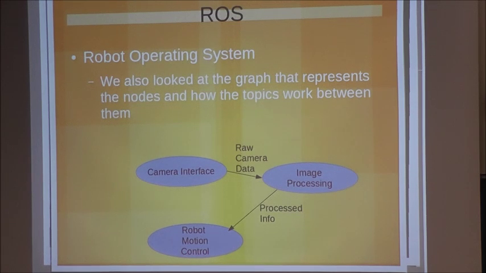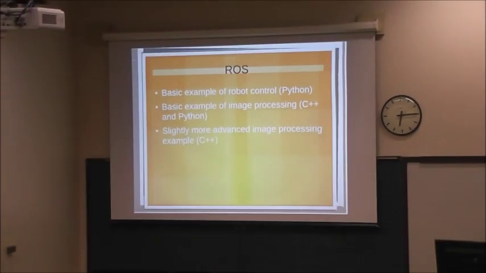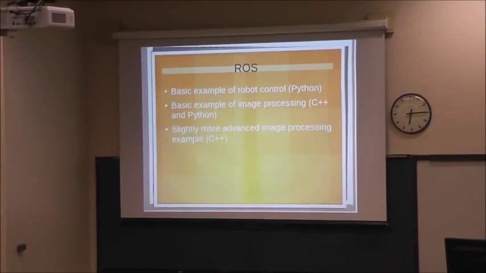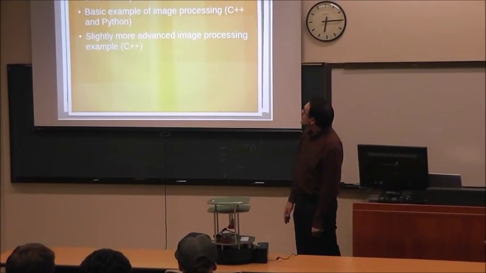And what I want to show now is actually some robot control using Python. So I'll show you the program on the robot first, show you what it does, and then show you the robot doing it, of course. So the first example I'm going to show is the robot control with Python.